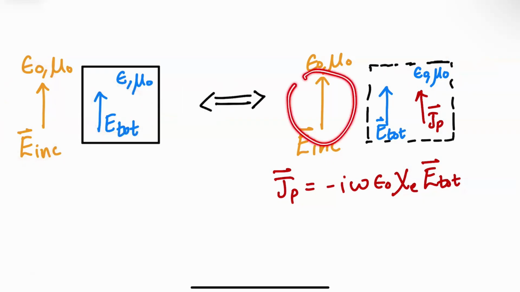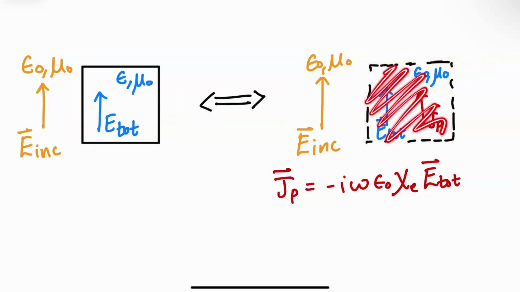Here you have an incident field, let's say it's coming in from this side, but there is no material here to scatter. So there should also be an incident field in here, right? But what happened to that? Because now we know that if this incident field was here, it should have a wavelength of lambda naught. So the extinction theorem basically says that JP forms in such a way that it cancels exactly the field inside this medium that has a wavelength lambda naught and only has a field which has a wavelength lambda, which is this E total.